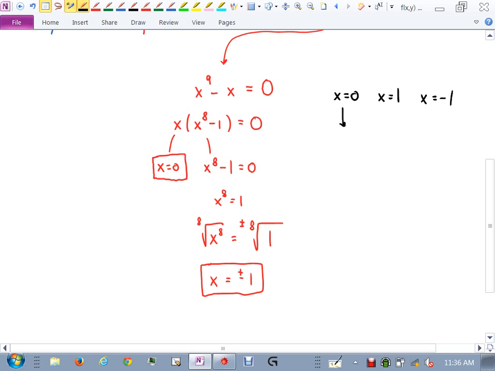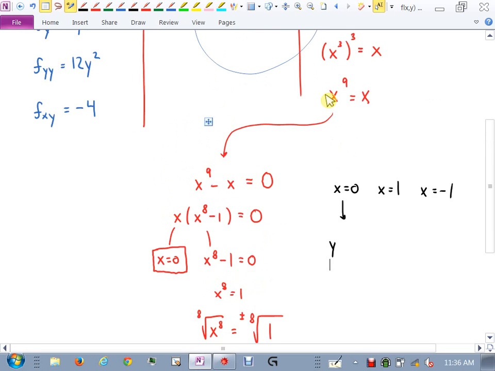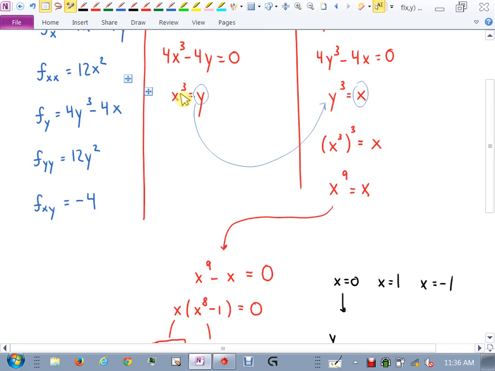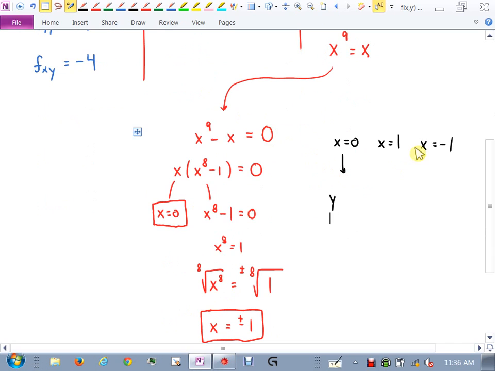But then, from each of those, what's y? Well, remember, what was the equation for y here? y was x cubed, wasn't it? So just cube each of these answers. You get 0. y is 1 times 1 times 1, which is still 1. And then here, negative 1 times negative 1 times negative 1 is still negative 1.